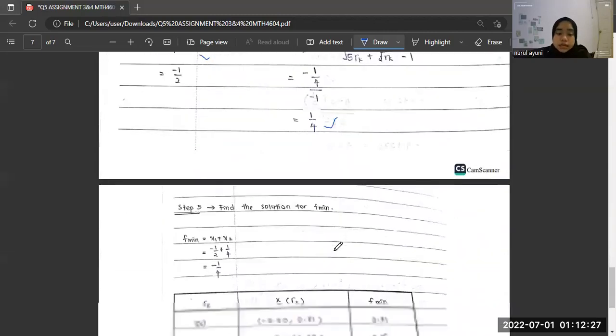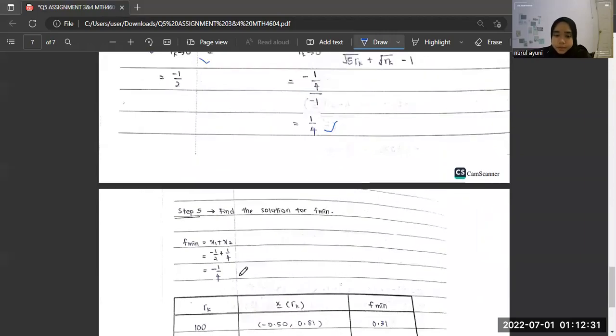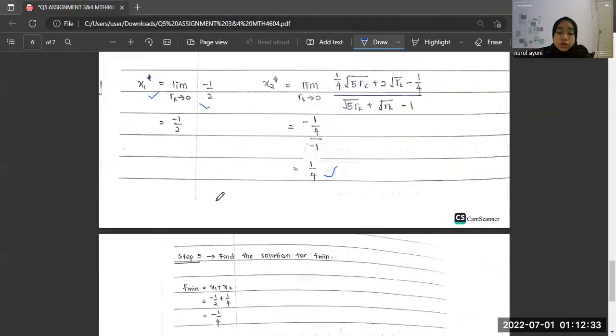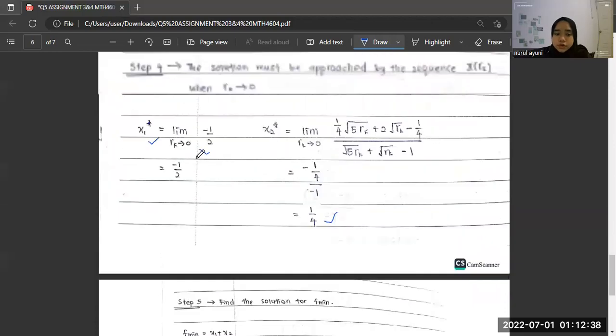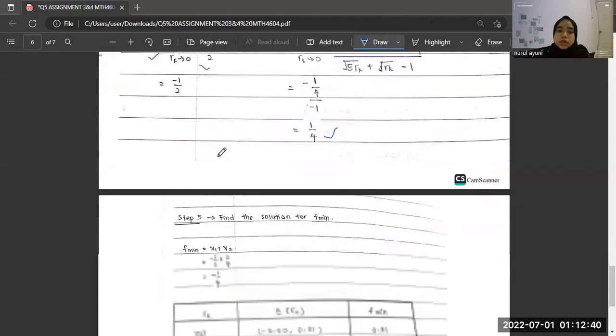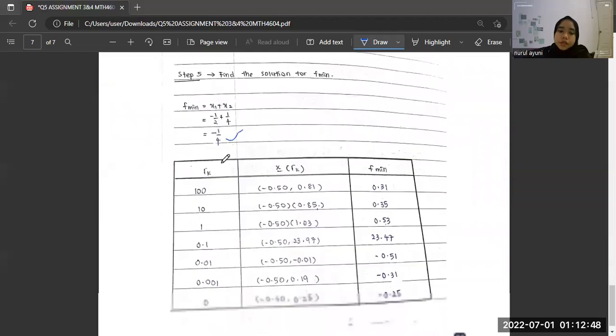And the last step, find the solution for f minimum. As you can see, the formula is x1 plus x2. Before this, we got the values of x1 and x2 and we use them, until we get the value of f minimum, as you can see, minus 1 over 2 and 1 over 4.